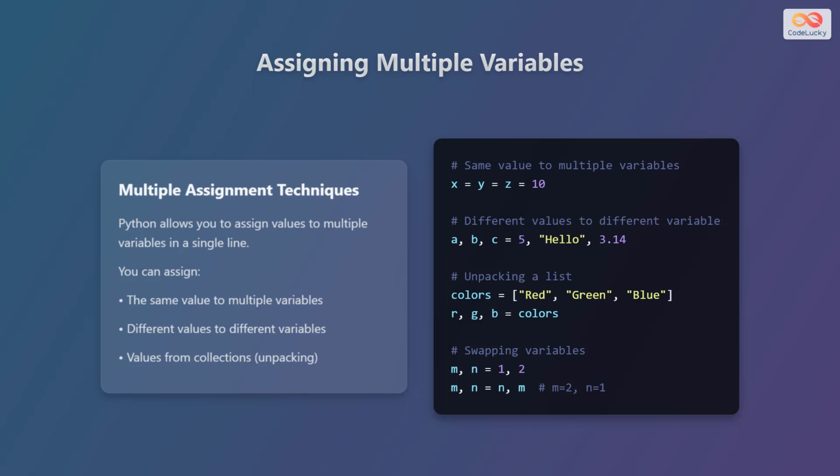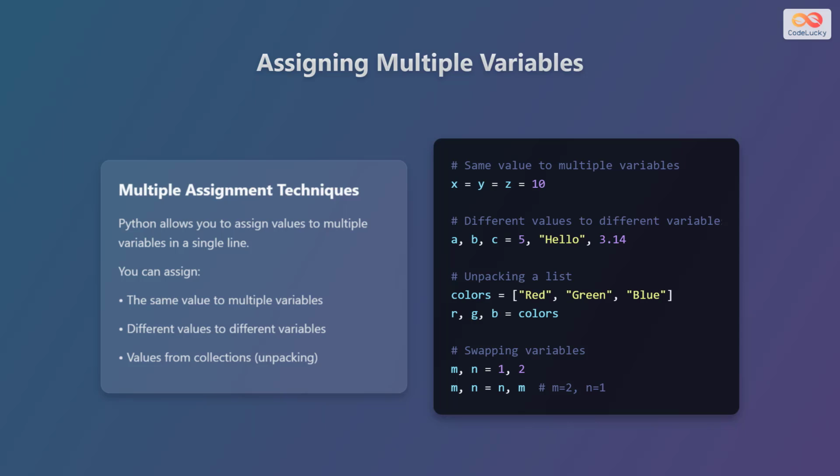To assign different values to different variables, you can use commas to separate the variables and their corresponding values. In this case, a is assigned 5, b is assigned the string hello, and c is assigned the floating point number 3.14. You can also unpack a list or tuple into multiple variables, as long as the number of variables matches the number of elements in the collection.